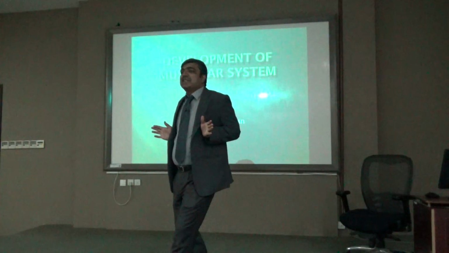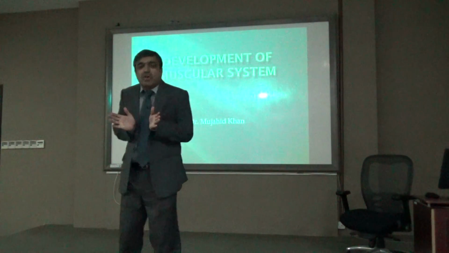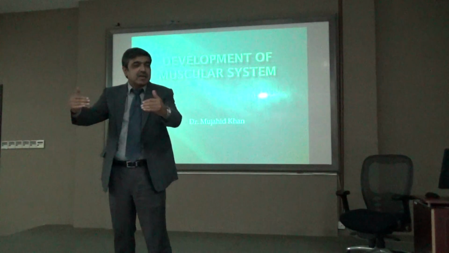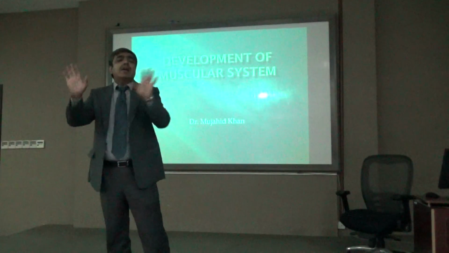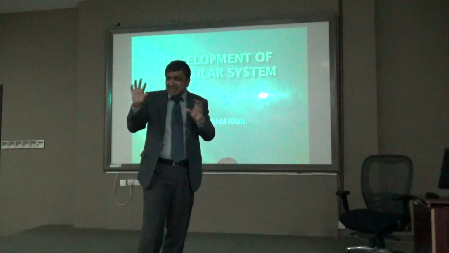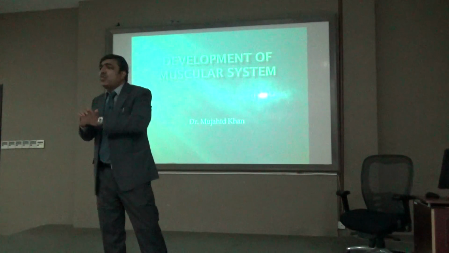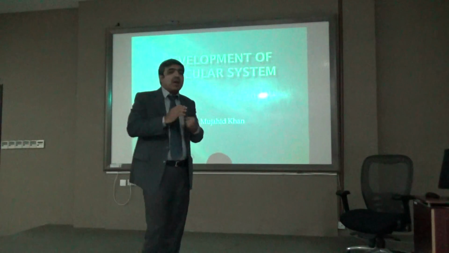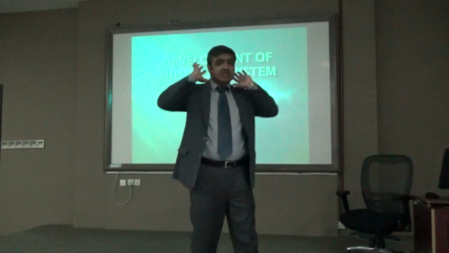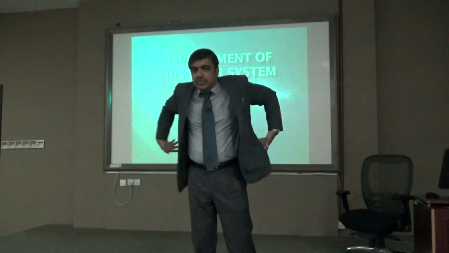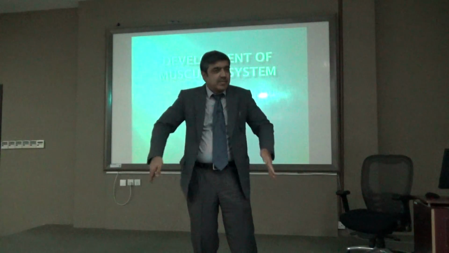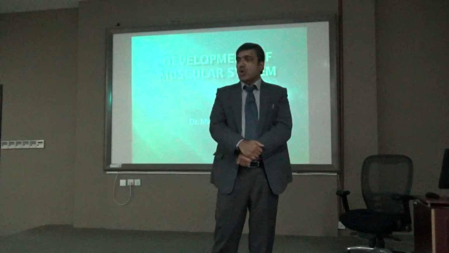And then gradually, with the development of the body, they surround the body. This is a general development. There are exceptions for a few muscles which I will explain later on. But generally, most of the muscles, got my point?